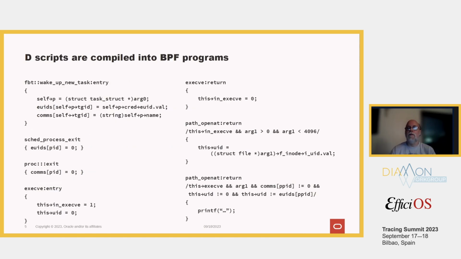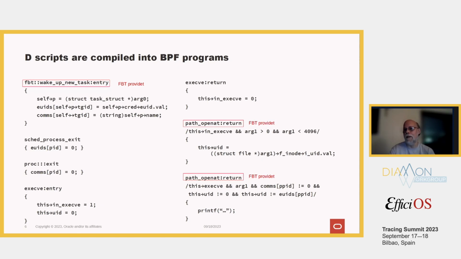So this is a little bit of an example of a D script. It's not complete, but it should highlight sufficiently what I want to focus on. It combines multiple probe types, which is the main point here. So we have function boundary tracing probes. They're literally probes for a kernel function, either at entry or at return, similar to kprobes and kretprobes.